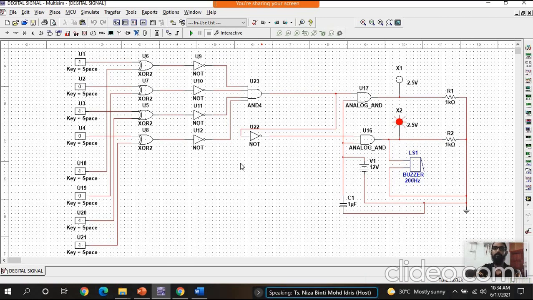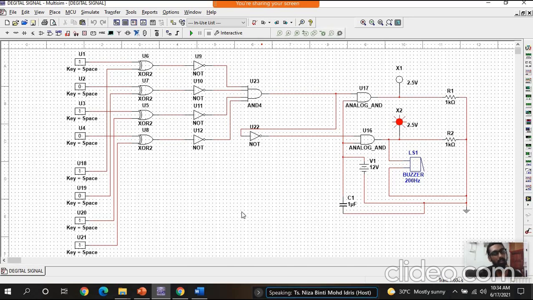Madam: Maksudnya kalau ada orang ambil password, in practical, if there is somebody taking your luggage but without opening your luggage, then the buzzer will not be on, right?